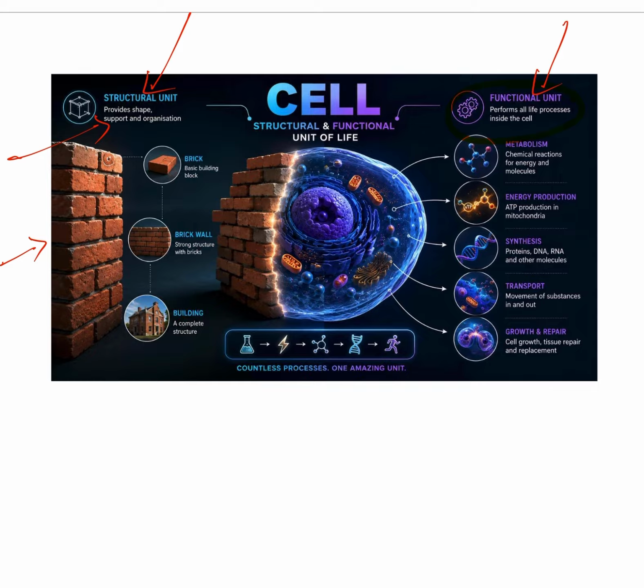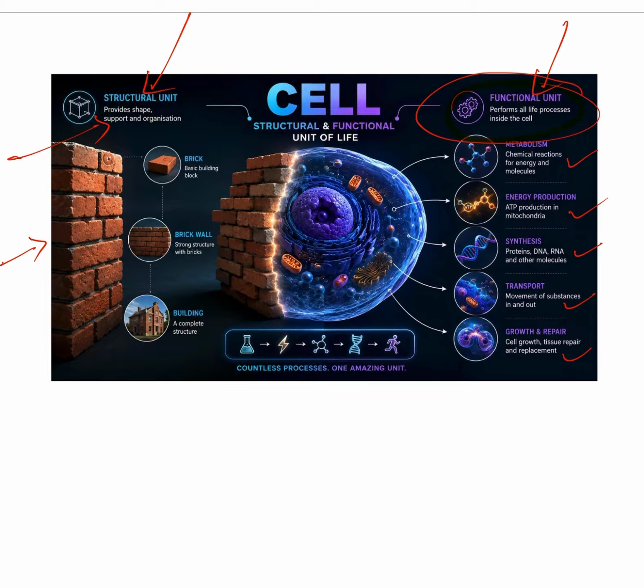Well, good enough. Why functional unit? Because all the basic functions which keep us alive, which make us qualify as a living being, actually happen inside the cell. It starts at the cellular level. What are they? Metabolism, energy production, synthesis of DNA, RNA and other molecules, transport of substances, growth and repair.